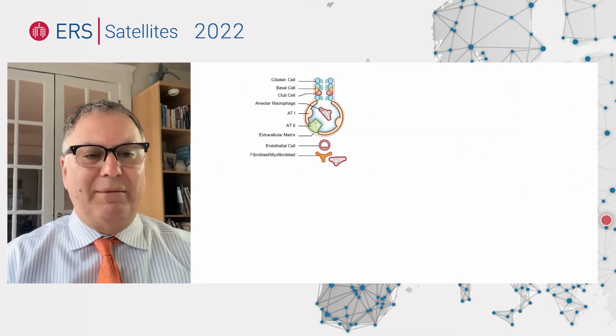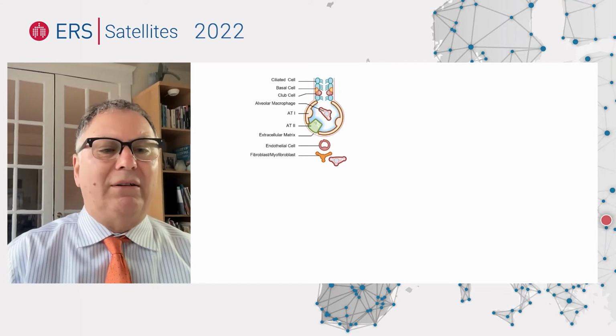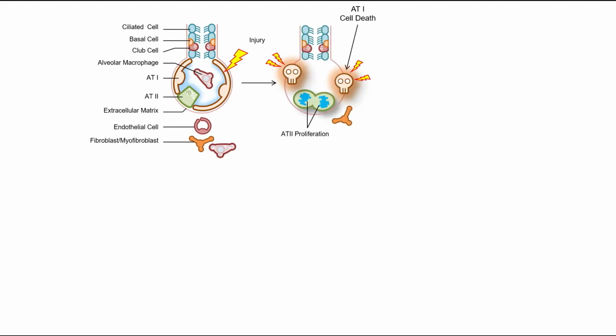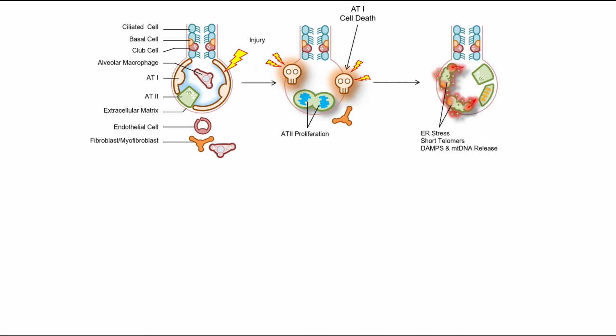So what happens in IPF, this is sort of the normal lung structure, very simplified, and you have type 1 alveolar epithelial cell injury. You have alveolar type 2 cells proliferating, trying to replace them. If you have aging, telomere mutations, you generate ER stress, short telomeres, damaged DNA.